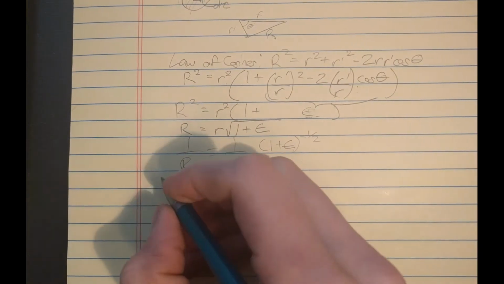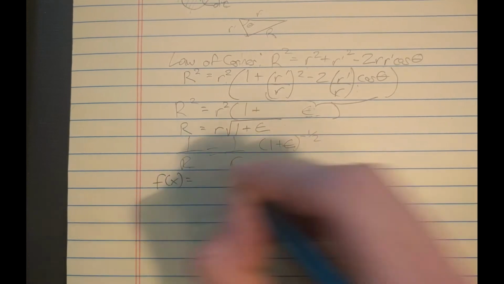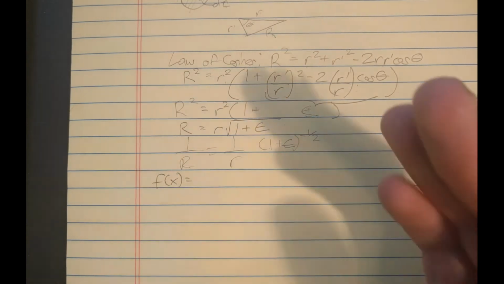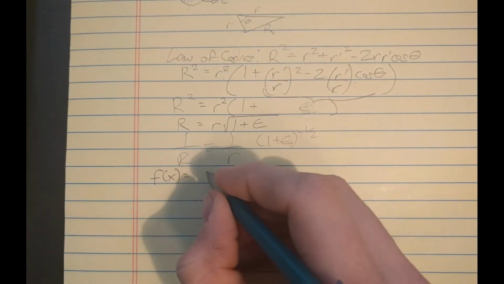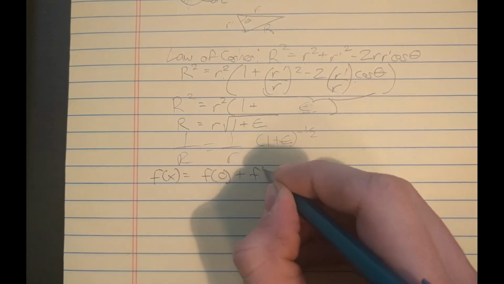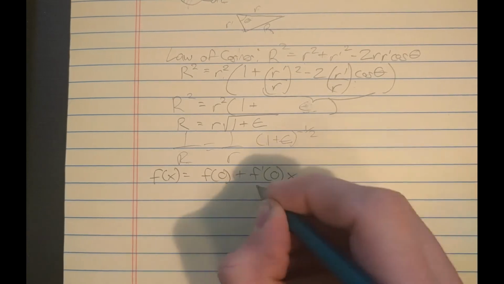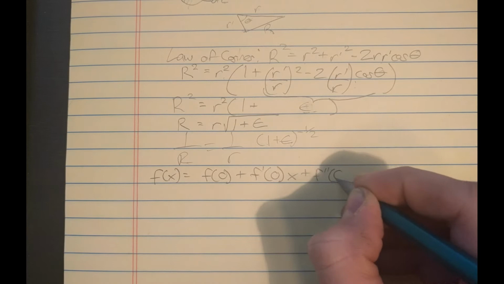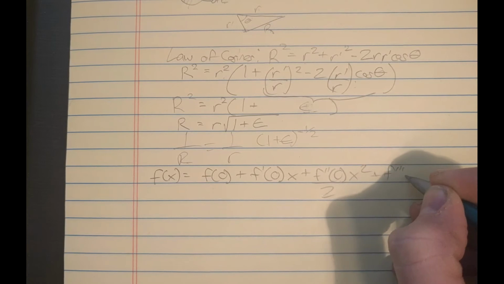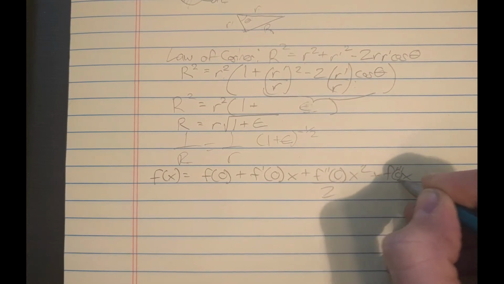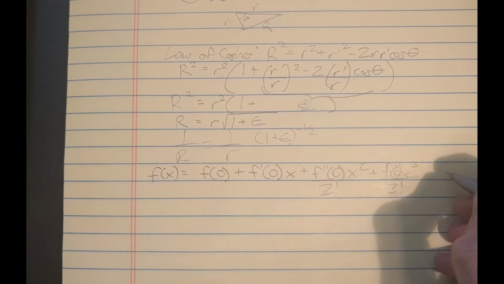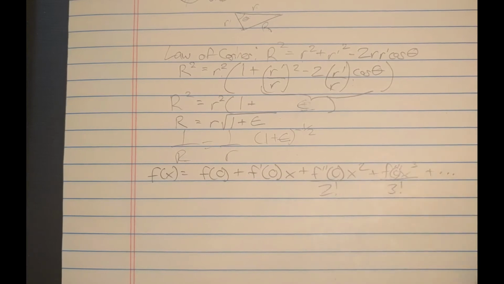So just to remind you, what that says is if you have any function of x, we're going to do the Maclaurin series, which is a Taylor series centered around 0. This is going to be f at 0 plus f prime of 0 times x plus f double prime of 0 times x squared over 2 plus f triple prime of 0 times x cubed over 3 factorial, well, this 2 is also a factorial, plus so on and so forth.